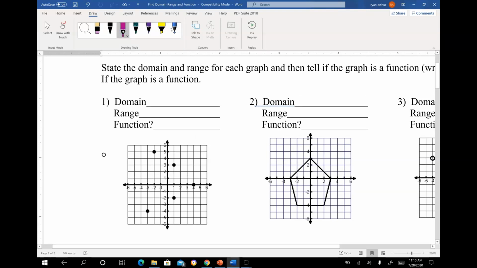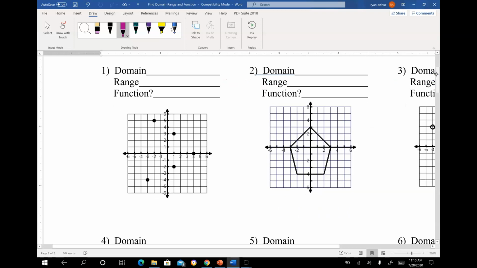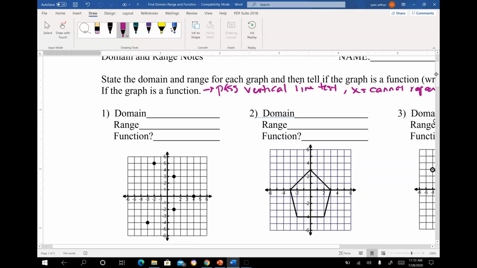Now, a function cannot repeat your x values, and it has to pass the vertical line test. So to be a function, you have to pass your vertical line test, and x's can't repeat.